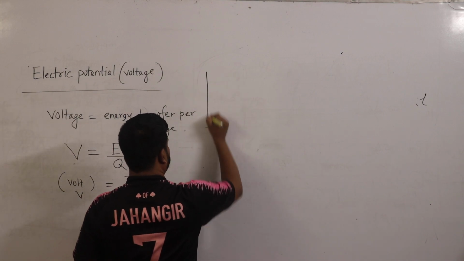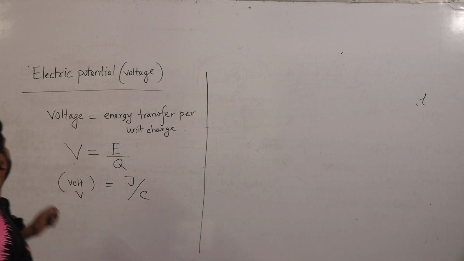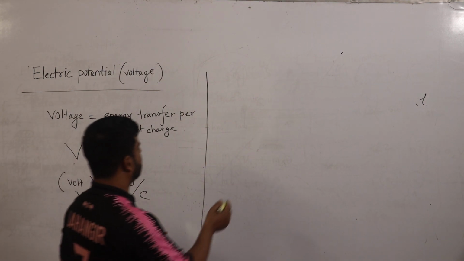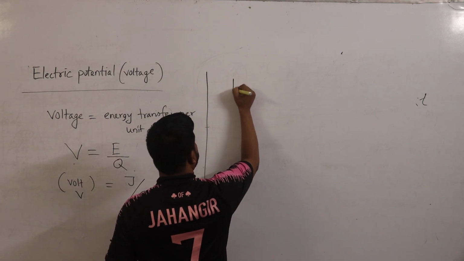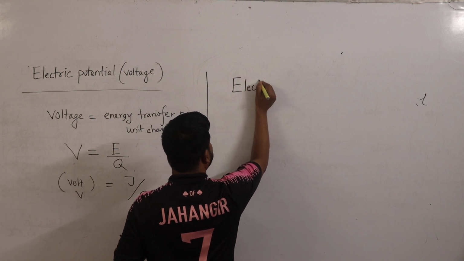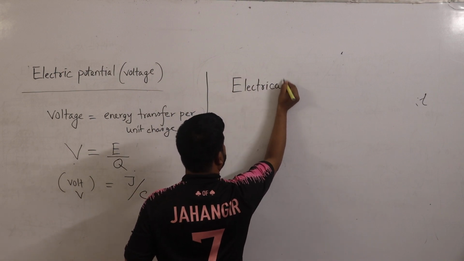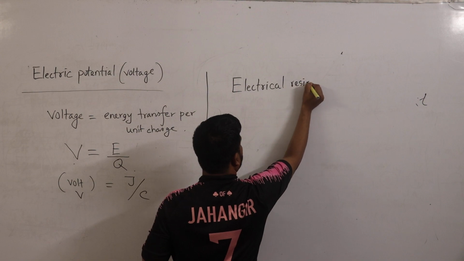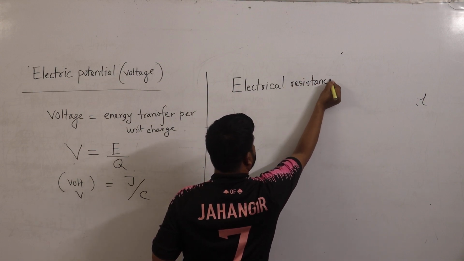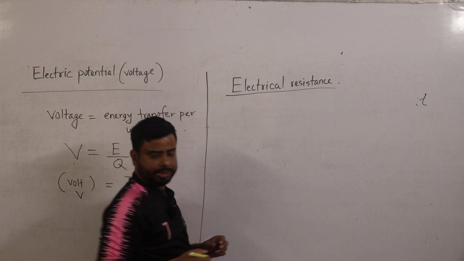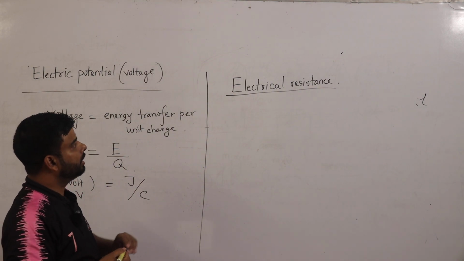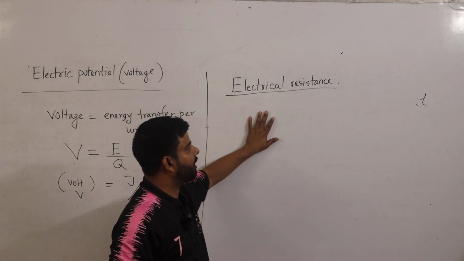Now electrical resistance. What is electrical resistance? It is the property of a material which opposes the flow of current.